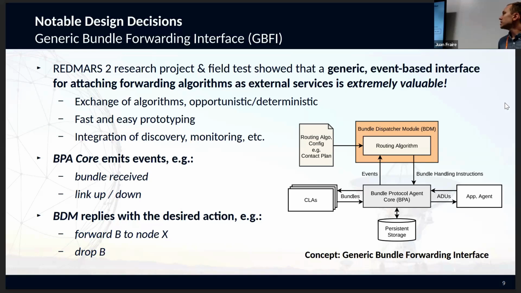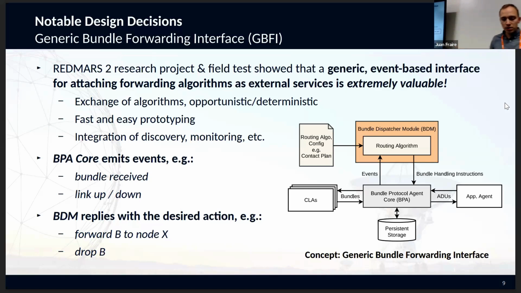And this is realized basically by dividing up the bundle protocol agent into two parts. So we have the bundle protocol agent core, as we call it, that receives the bundles, performs all the basic BP processing steps, and then emits events to the so-called bundle dispatcher module, BDM, which then decides what to do with the bundle, basically.